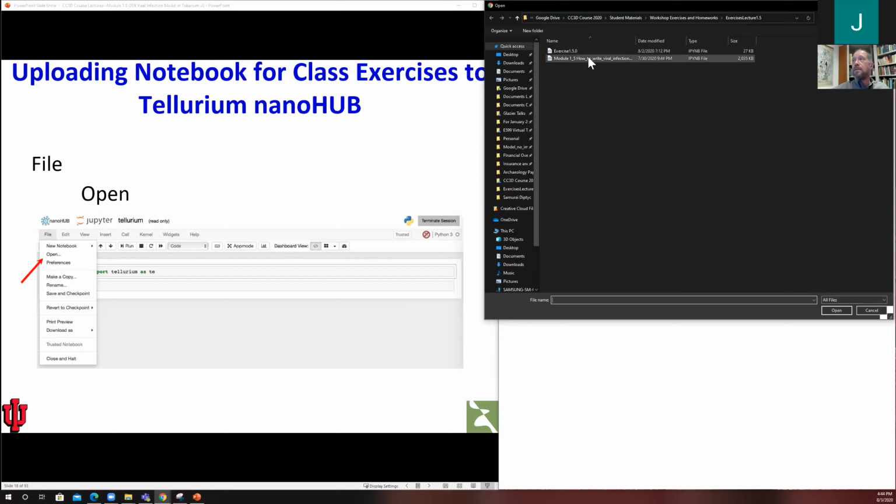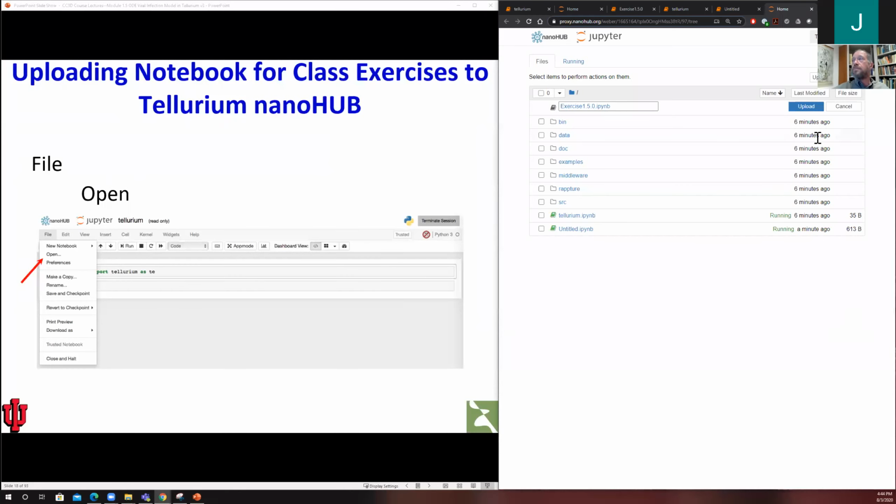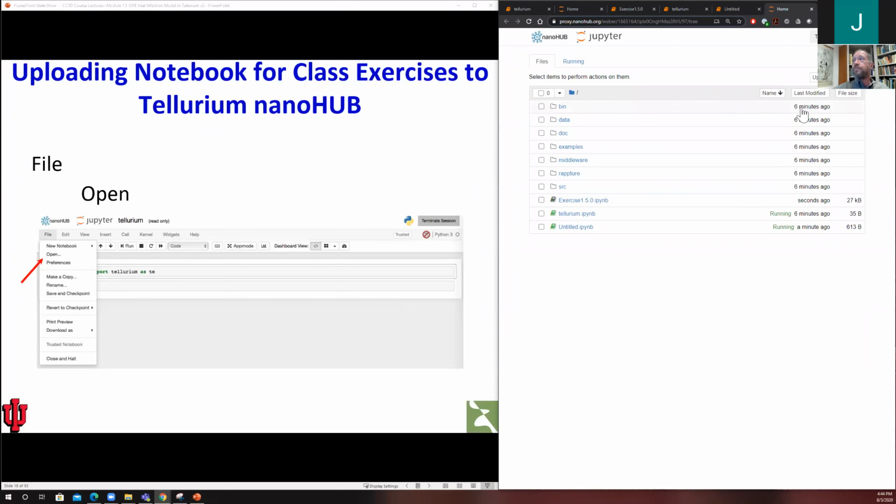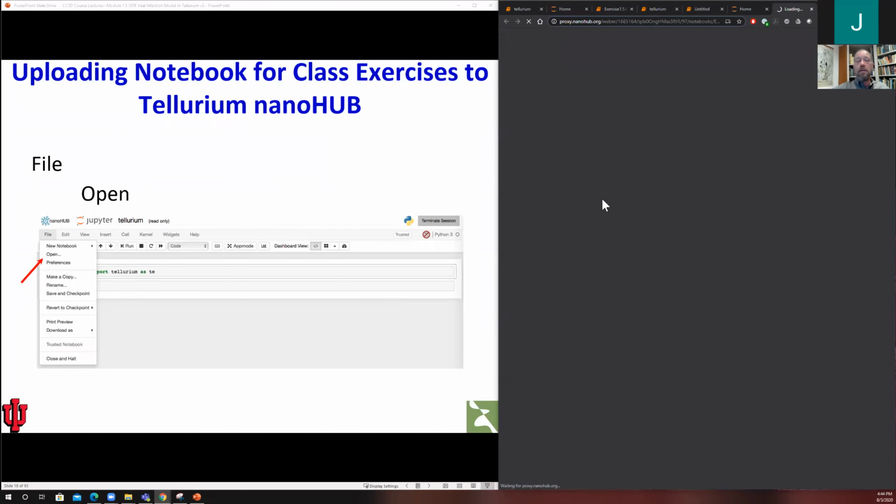And now select exercise 1.5.0, open, hit upload. It's here. Double click on it to open it.